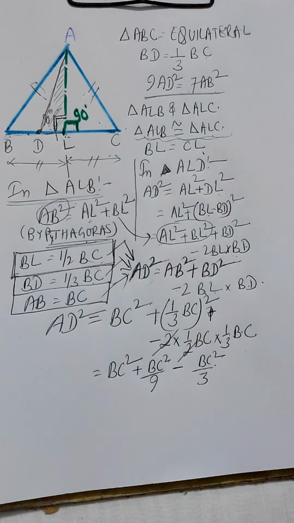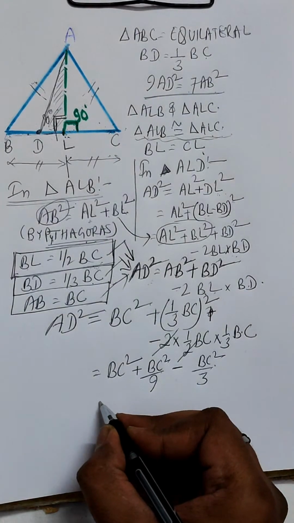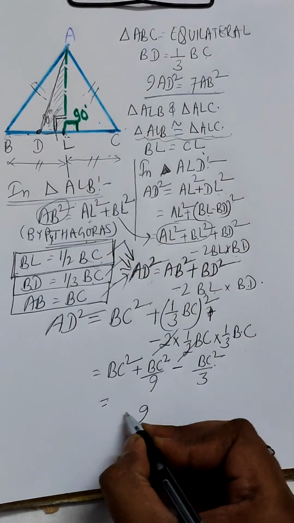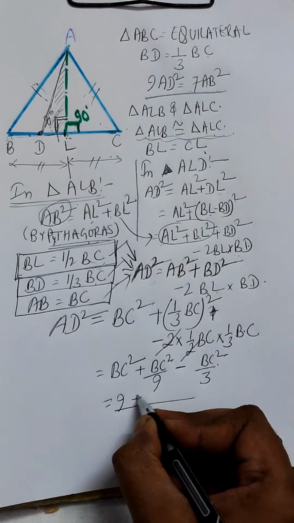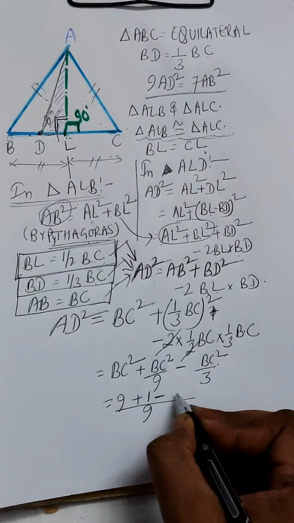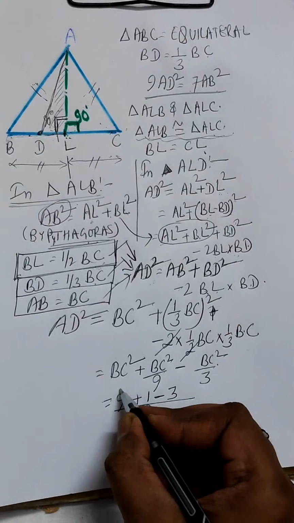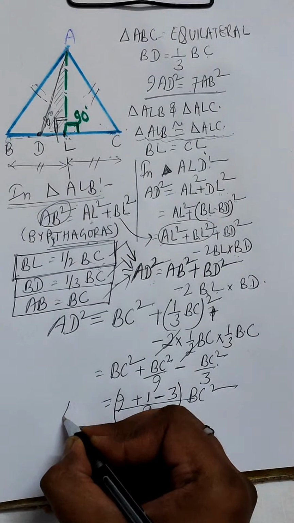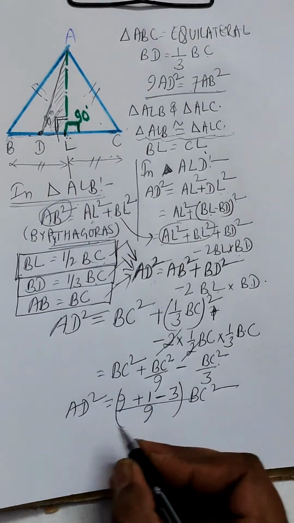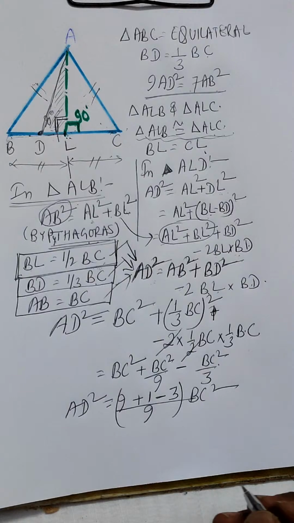So this will give you, when you take 9 as LCM, 9 BC square plus 1 BC square minus 3 BC square, and this is equal to AD square, which is already there in the LHS, right?